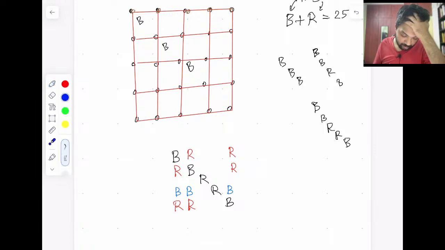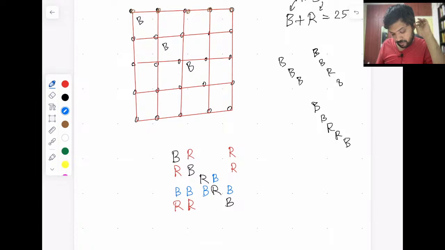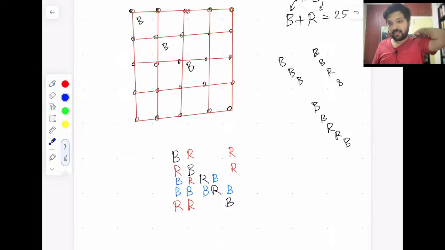Are we done? This is blue, red. Actually here red, red, blue, blue, right? This is red. And this is blue. Done again. I think it's working.